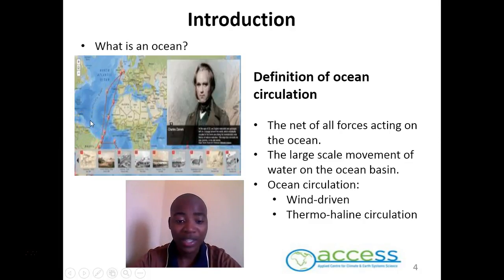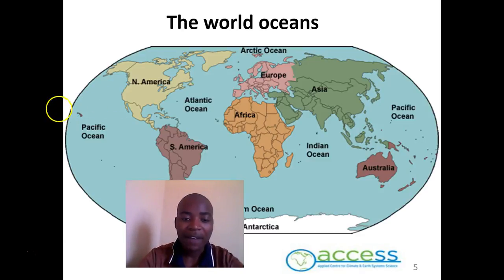We were expecting warm water because we know that at the equator there are high temperatures, so water should be warm, but that is not the case. Instead, it is very cold. So that's what ocean circulation is all about: differences in water density.